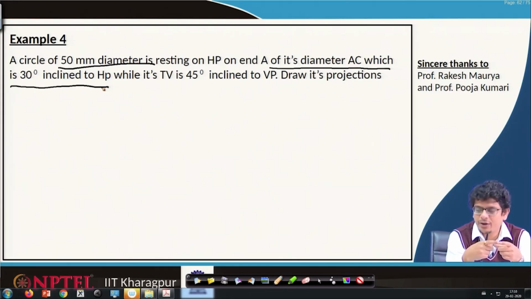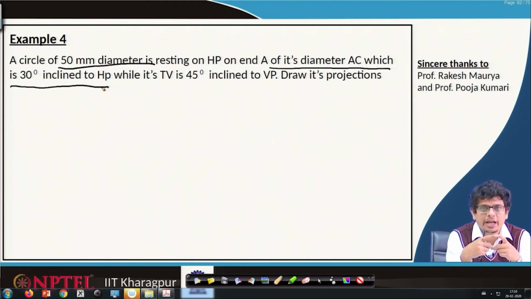This AC diameter is making 30 degrees angle with the horizontal plane. So, first of all we have to take a circle, rest it on the horizontal plane, then one of the diameters is making 30 degrees, so that we will be in a position to visualize that in the vertical plane. Once it is done, the top view after that, whatever we are trying to look at, is going to make 45 degrees inclined to vertical plane.